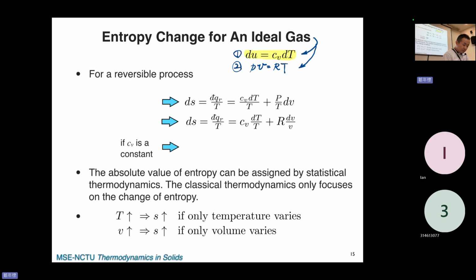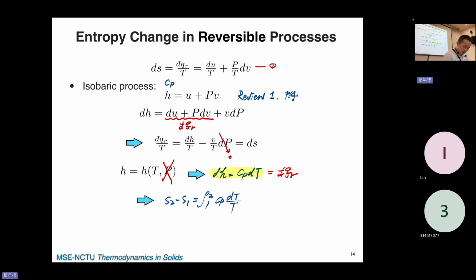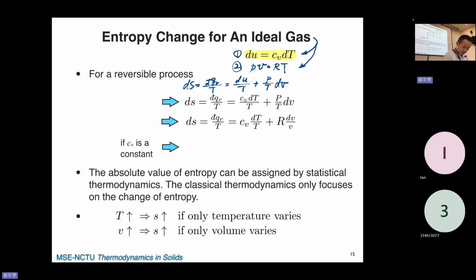So again, I write down dS equals d bar Qr over T equals dU over T plus P over T dV. Don't you think this is equation 1? So this is equation 1.